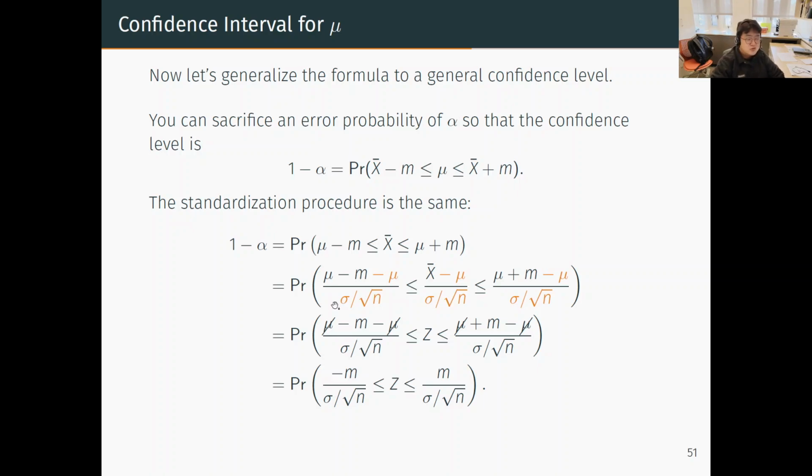But fortunately, mu is canceled out, so we get a clean margin of error without worrying about another estimation of mu. Anyhow, so we get the same inequality after standardization, which is still 1 minus alpha probability.